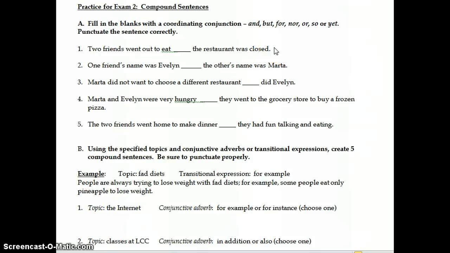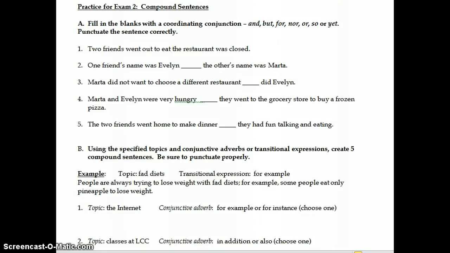So in this first example, two friends went out to eat. The restaurant was closed. We have to figure out which of these coordinate conjunctions to use. So we're showing contrast in terms of the ideas or the meaning of these two sentences. So we can choose to use either the coordinate conjunction but or yet.